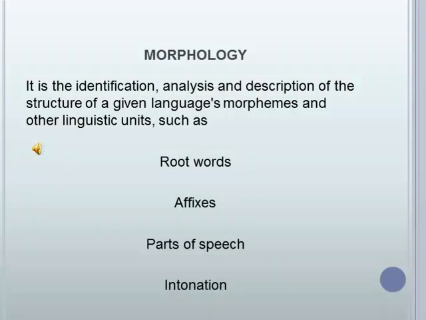Morphology. Morphology is the identification, analysis, and description of the structure of a given language's morphemes and other linguistic units such as root words, affixes, parts of speech, intonations.